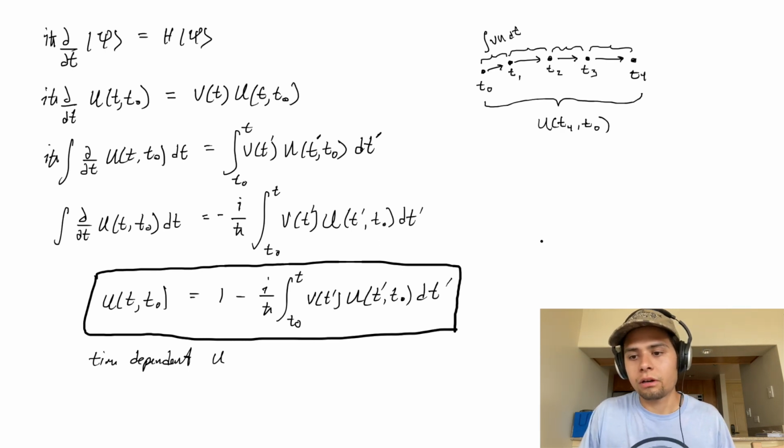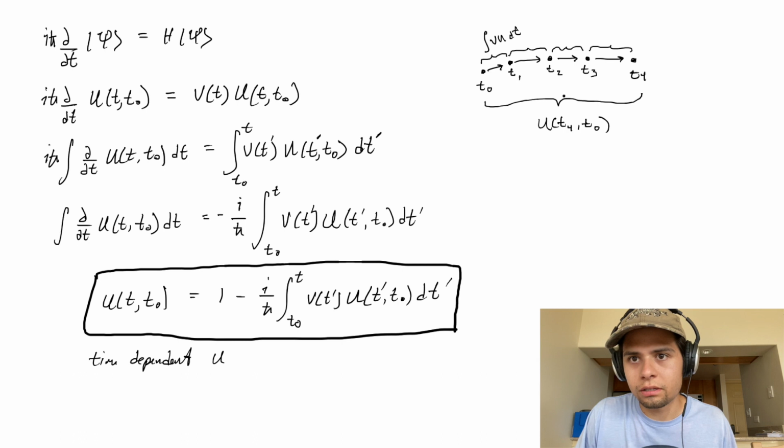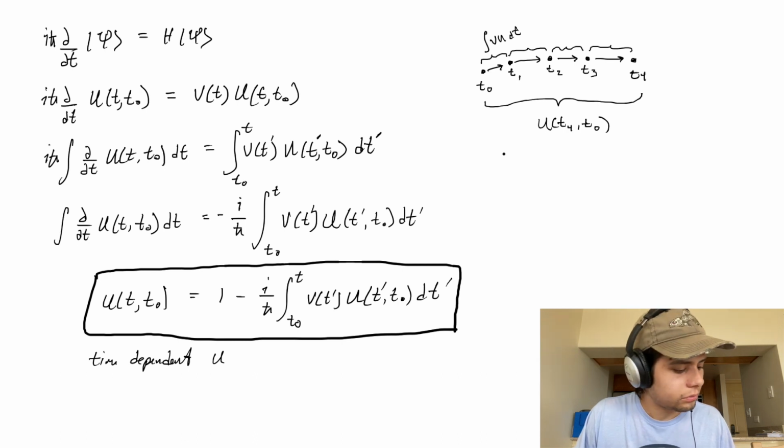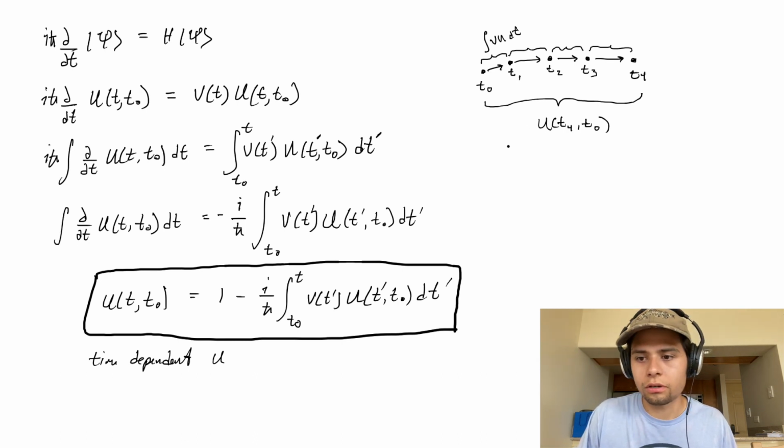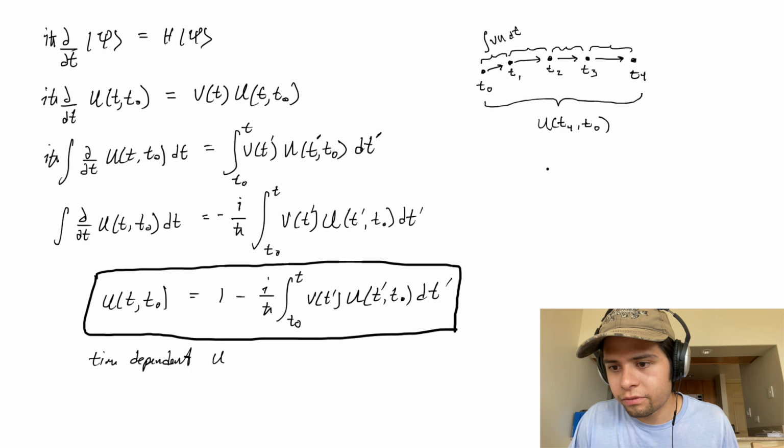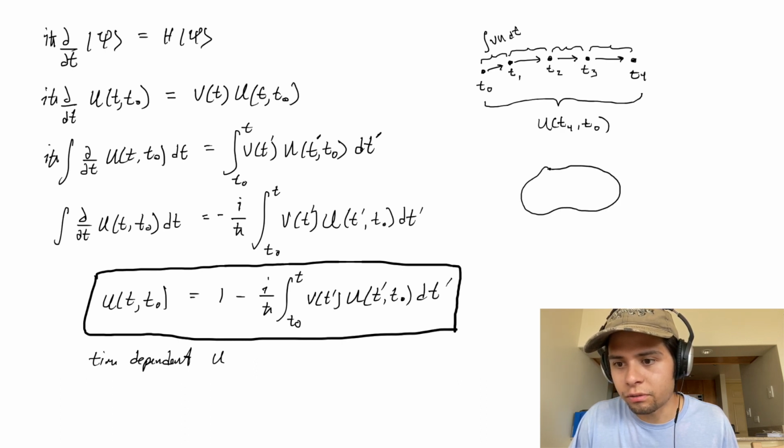And I might add, this also adds a sense of topology to quantum mechanics. I don't think I'm actually going to go into that. Maybe I will a little bit. So say we have some spatial manifold or some time manifold. It looks like this, and here's where t0 is.